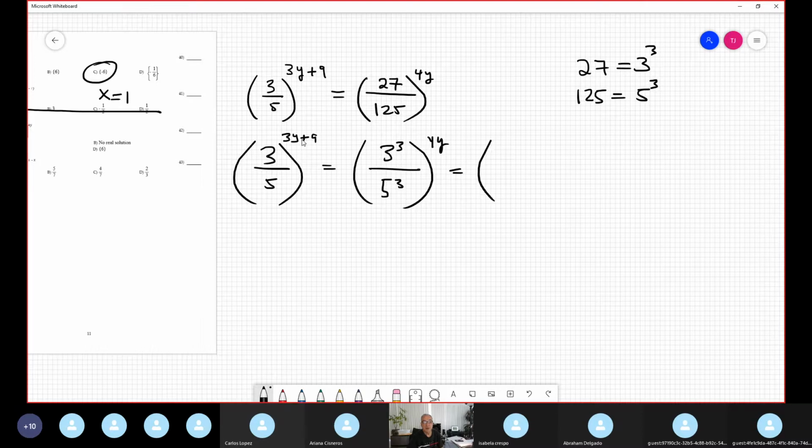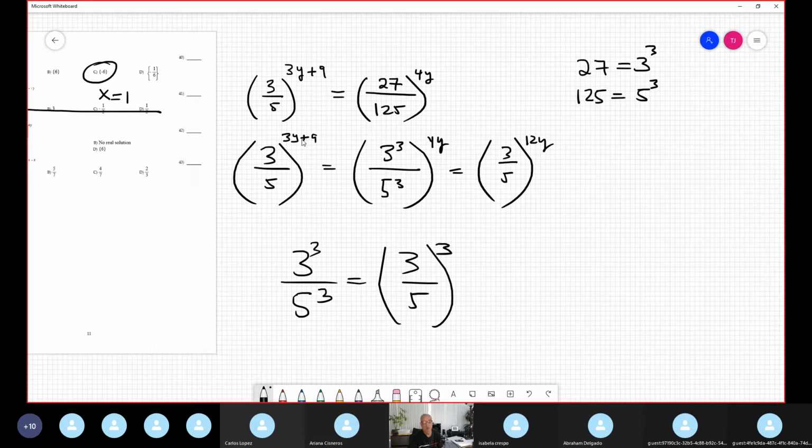Why not put this together like a 3 over 5 to the third power and multiply it by 12y, right? So you know very well that 3 to the third power divided by 5 to the third power is equal to 3 over 5 to the third power. Okay, this is the rule of the quotient when you have the same exponent, right? Now finally, you raised to the 4y, so now multiplication, and you get the sense.